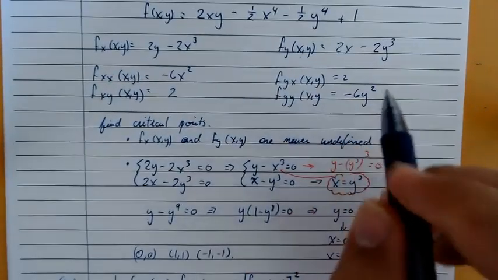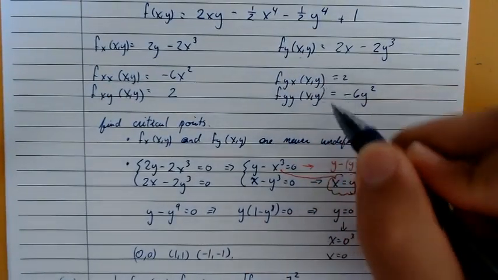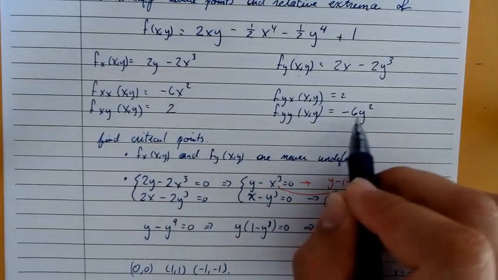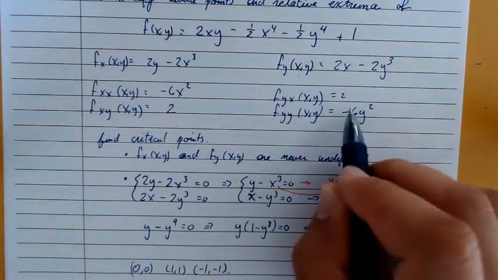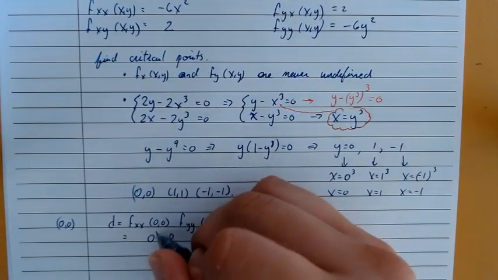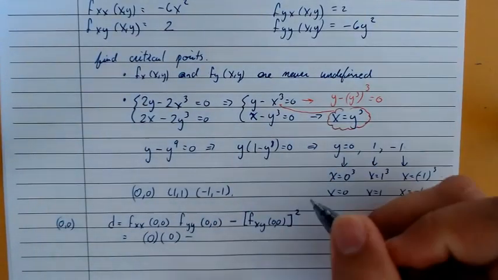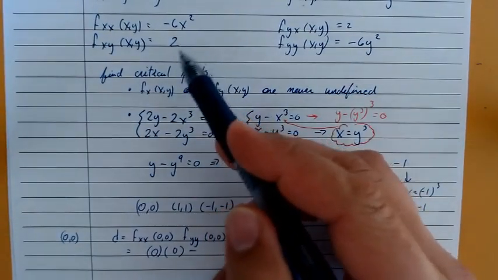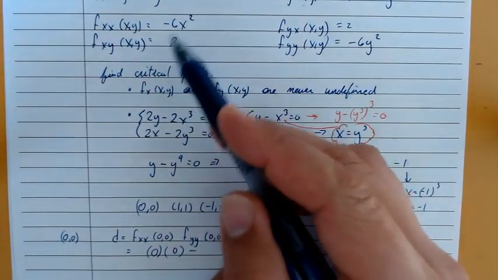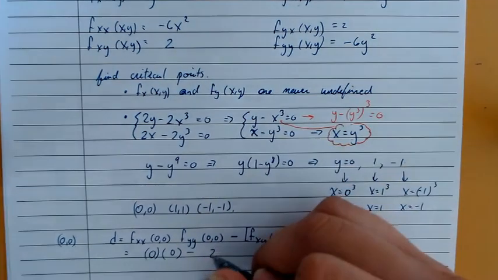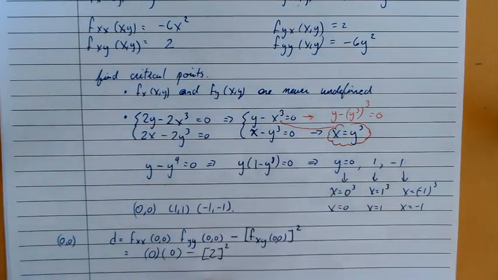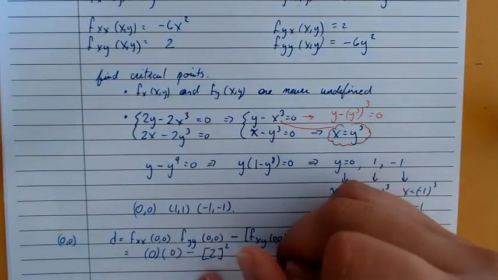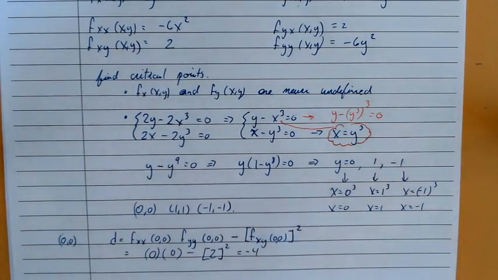If you take f sub yy and plug in (0, 0), there's nowhere to plug in x, but you have y is equal to 0. The whole thing is 0. Minus, you're going to take f sub xy and plug in (0, 0). Well, there's nowhere to plug in 0 here, so just take your constant, 2. And the whole thing is squared. So that's going to be 0 minus 4, which is equal to negative 4.